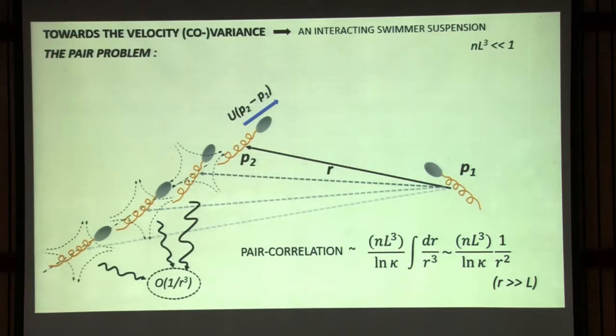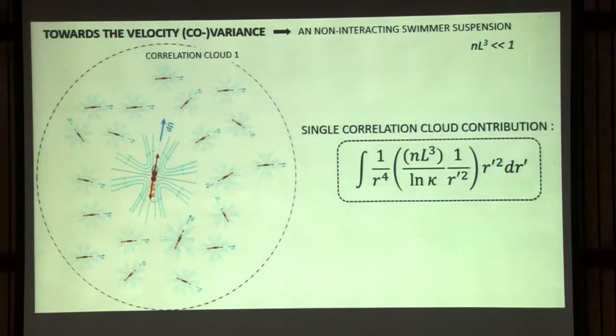So now if I try to calculate the variance, I have the original swimmer contributing a velocity of 1 by r to the power 4, but that 1 by r to the power 4 has to be multiplied by the correlation of the second swimmers, integrated over the volume of the cloud. But that's only the cloud surrounding a single swimmer. I have to repeat the calculation for each swimmer surrounded by its own correlation cloud. So there's another volume integral there.